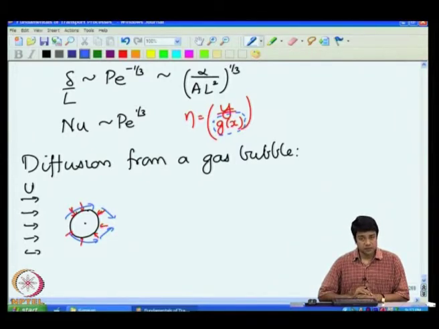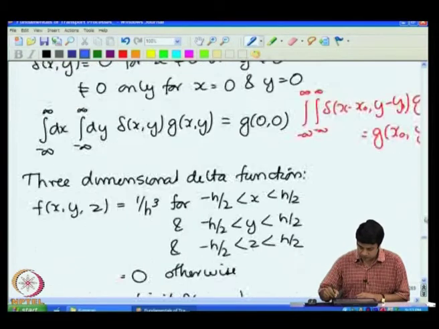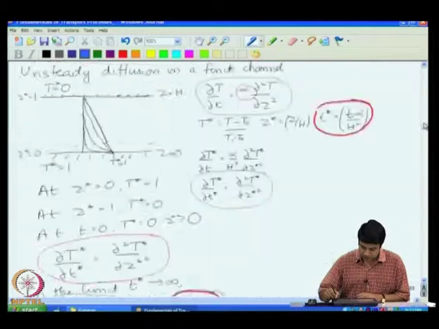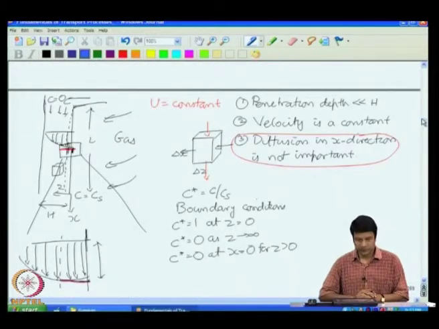We have already solved one such problem where the tangential velocity is non-zero, way back when we looked at unidirectional transport. If you recall this falling liquid film, in this case as well the tangential velocity is non-zero at the surface. And we did a differential balance. We assumed that the velocity was a constant at the surface.